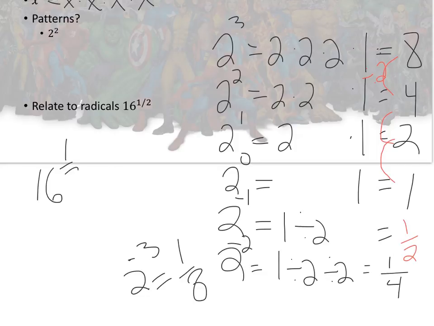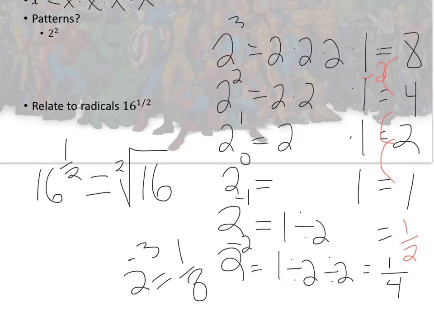Really what you're looking at is when you have 16 to the 1/2 exponent, or 16 to the 1/2 power, when you look at the denominator of your fraction, that's really just another way to write these radical expressions. So this is the square, or the second root of 16. Again, remember, you don't need to write this 2, it's assumed, but we will be doing other examples with roots besides 2.